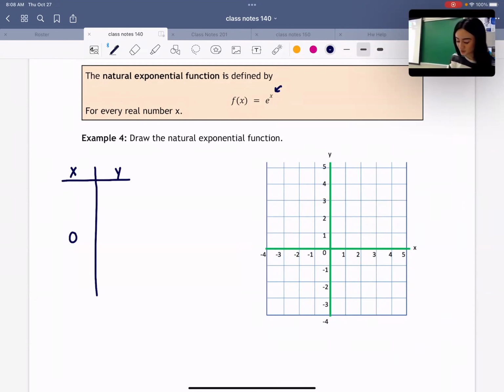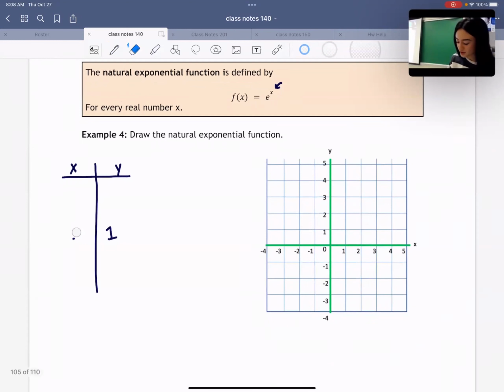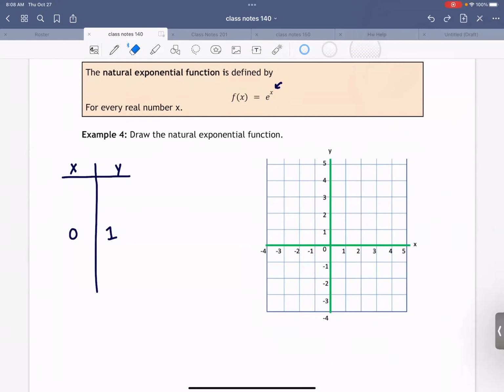So this is one that you can either memorize or just learn that this is always true for exponentials, or you can just plug in 0. Okay. What about 1? What would I get? 2.718 or e, right? So e or 2.718.